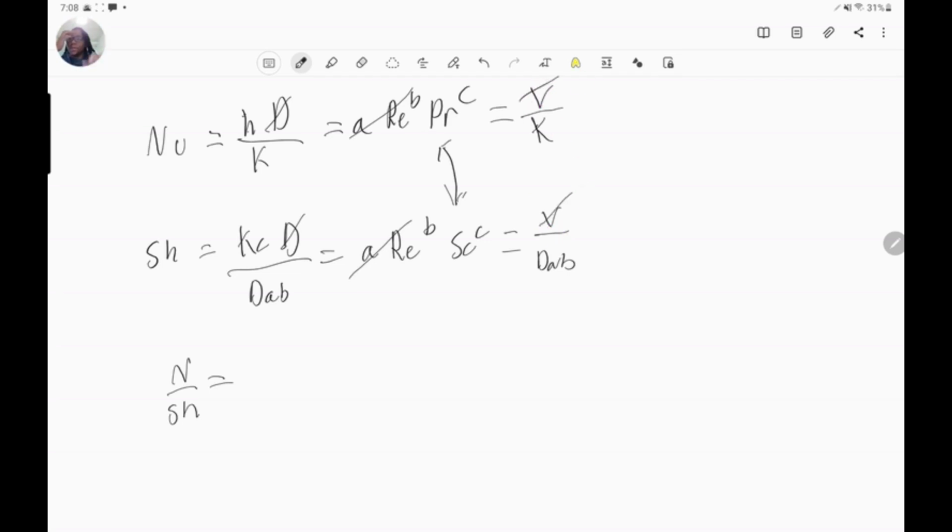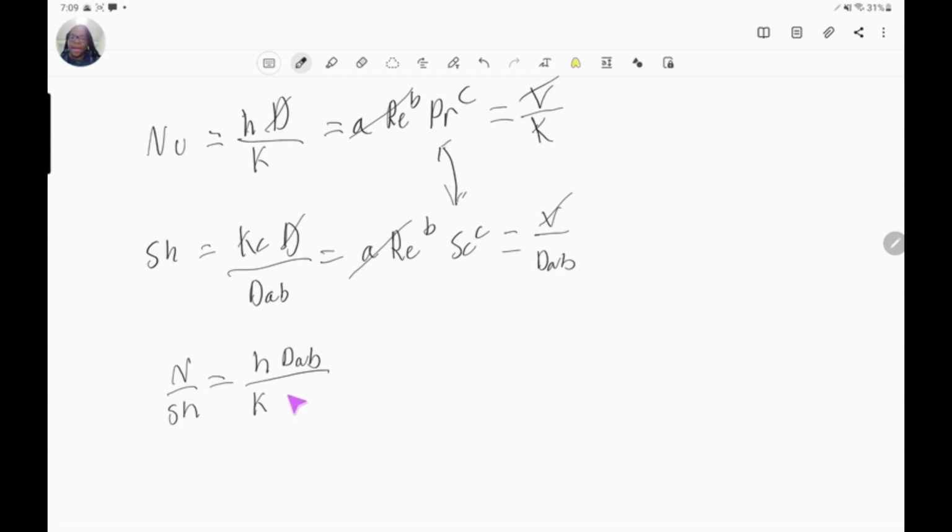As we go through each of these equations and divide them, we'll have our heat transfer coefficient times our mass diffusivity all over our thermal conductivity. Thermal conductivity and thermal diffusivity are interchangeable in this case.